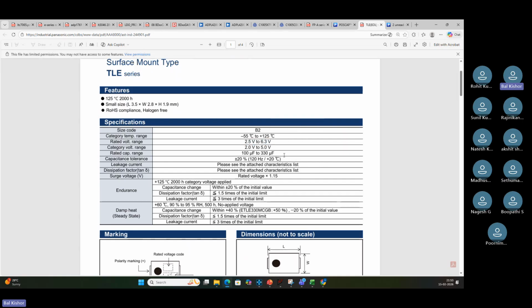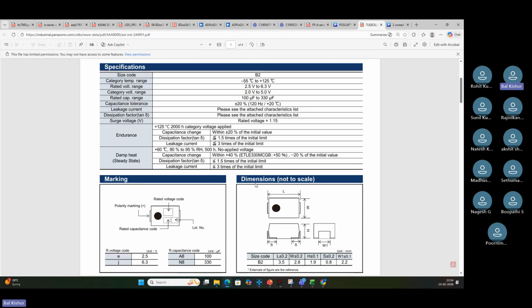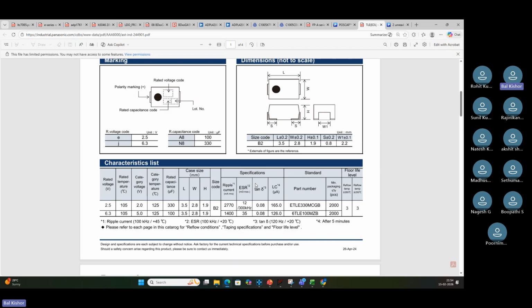Just now you saw that if I use a ceramic capacitor for a 6.3 volt rating, you won't be able to utilize it for a very wide range of bias, right? But here they are telling you 2.5 to 6.3 volt rating only, and see how high the capacitance range is, 100 microfarad to 330 microfarad. So this is the beauty, you will not be able to get ceramic capacitors in this high value range. That is the only reason we go ahead with polymer capacitor.